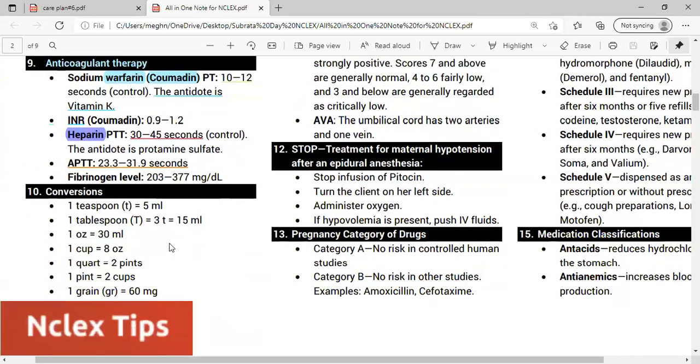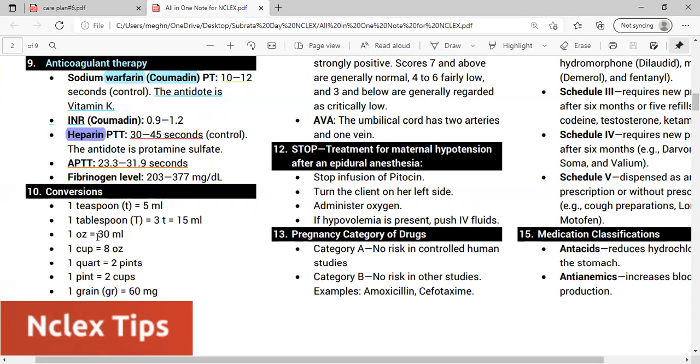And here we can see a few conversions. Sometimes the NCLEX board gives some mathematical problems, so conversion is the first step. One small teaspoon equals 5 ml, but a tablespoon equals 3 small teaspoons, or one big spoon, equal to 15 ml.